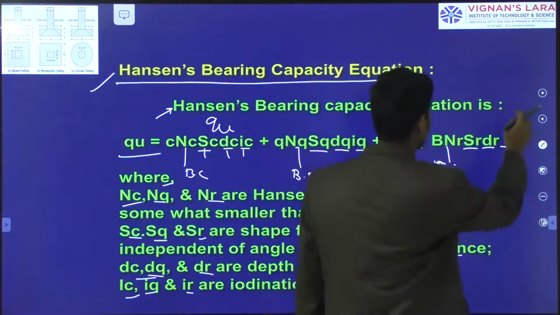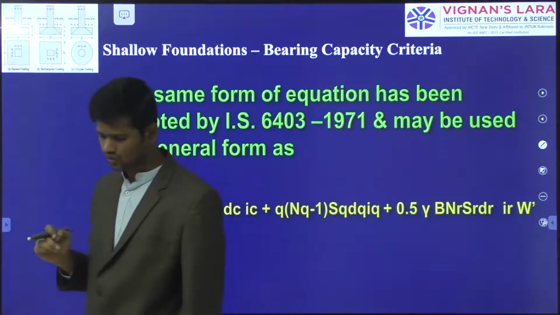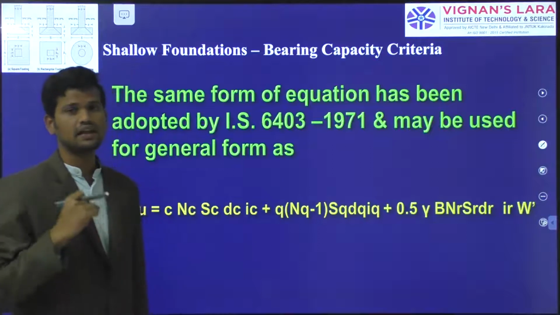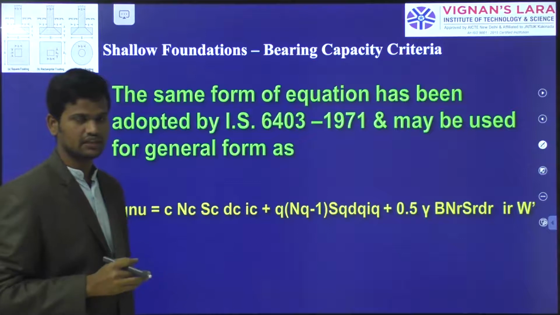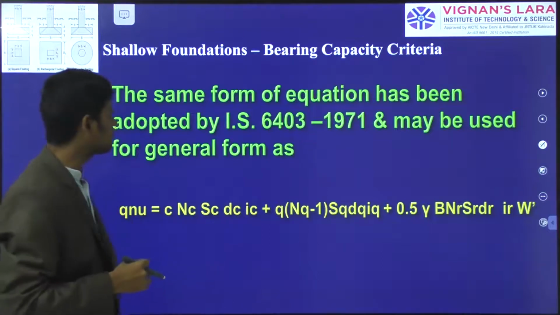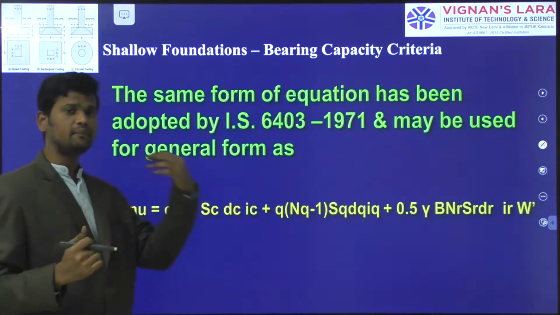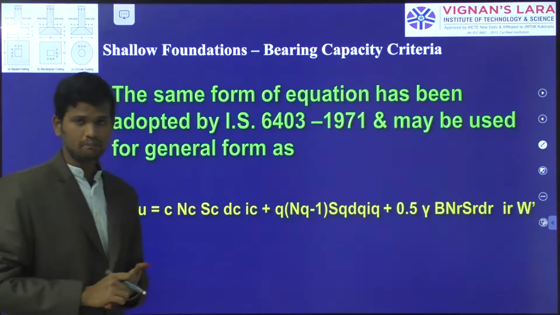Next, we have the IS code method. In the IS code method also, we take the values based on Hansen's bearing capacity equation. There is only a small difference adopted in the IS code method, but the shape factor, depth factor and inclination factor will vary compared to Hansen's.